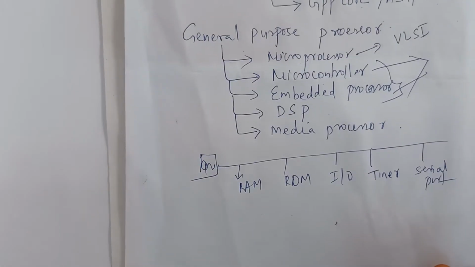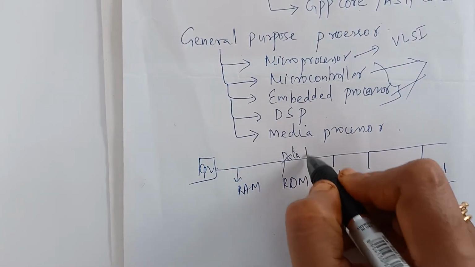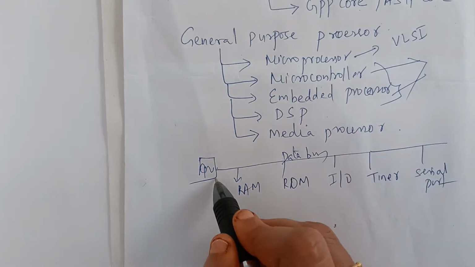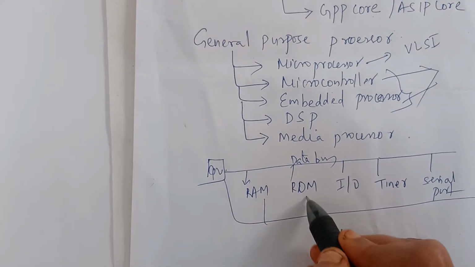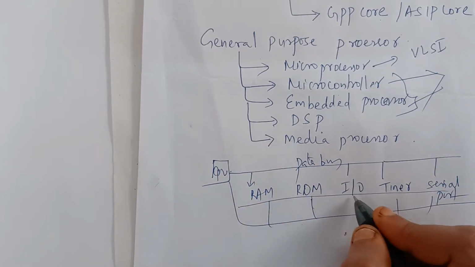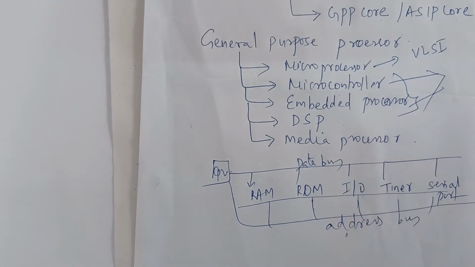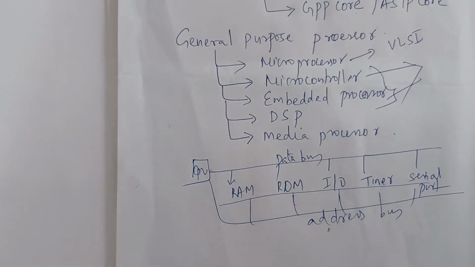All these we are just interfacing, and we need a data bus and also an address bus. This is what we do with our CPU: we interface it with RAM, ROM, input output port, and so on.